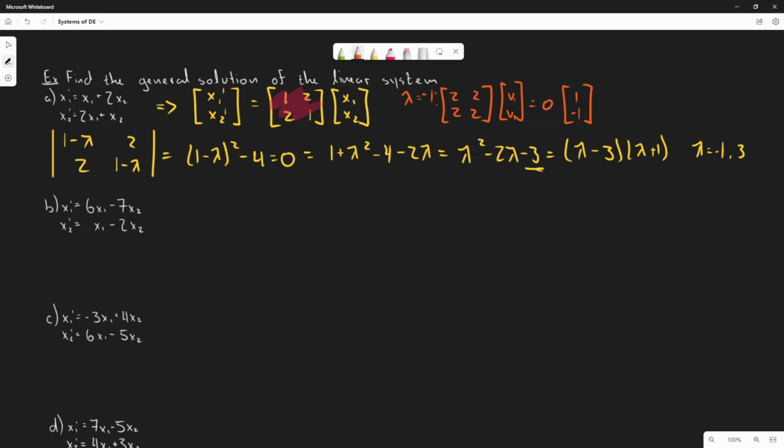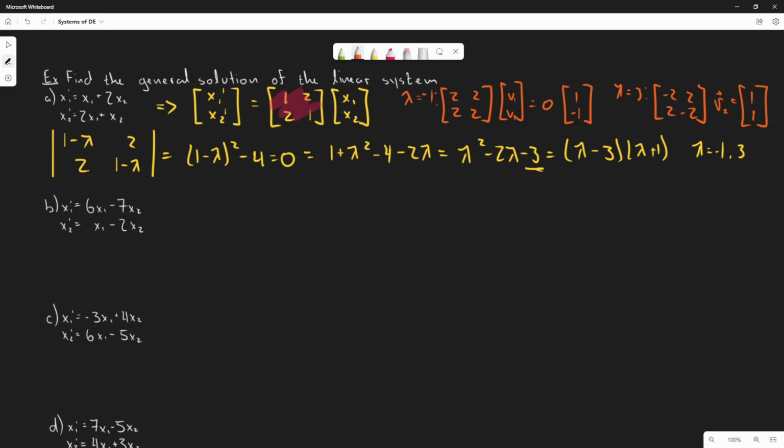And then when lambda is equal to 3, you will get 1 minus 3, which is negative 2, 2, 2, negative 2. And so the eigenvector should be just 1, 1.